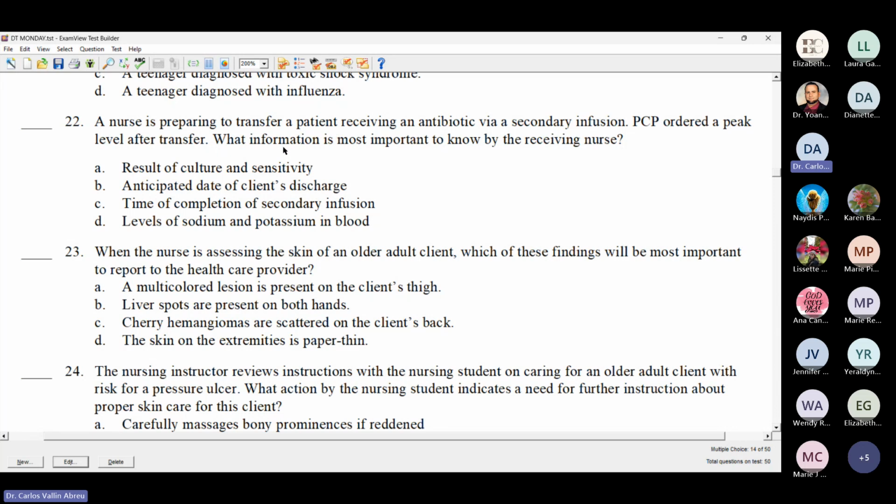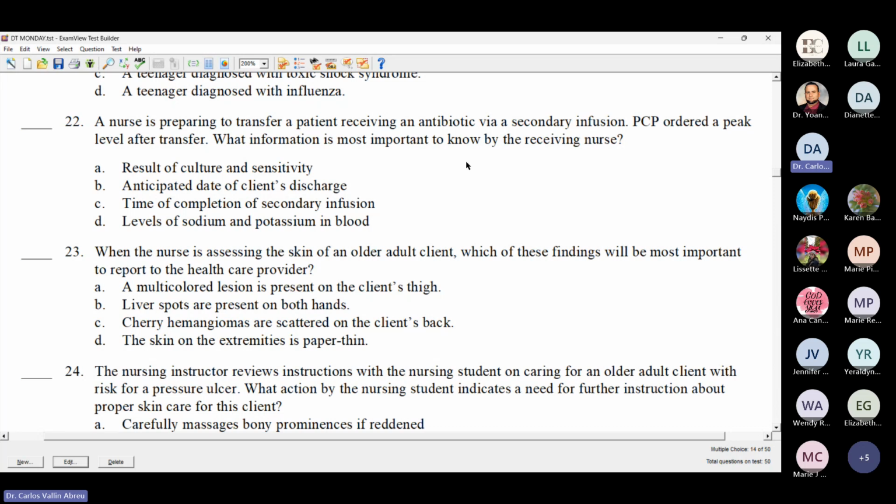So the question is, what information is the most important for the receiving nurse to know when to obtain the specimen for the peak? And of course, it is the time of completion of the secondary infusion. So after the infusion ends is when the blood specimen is going to be obtained to do the peak.